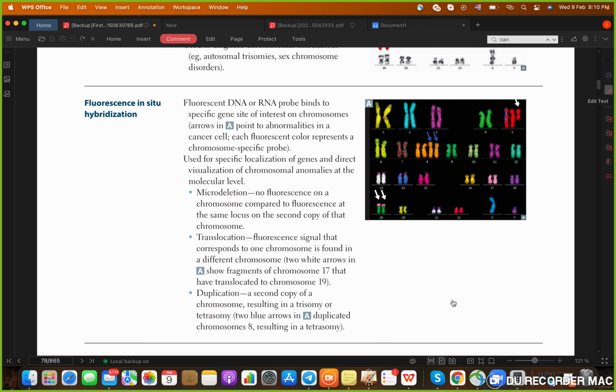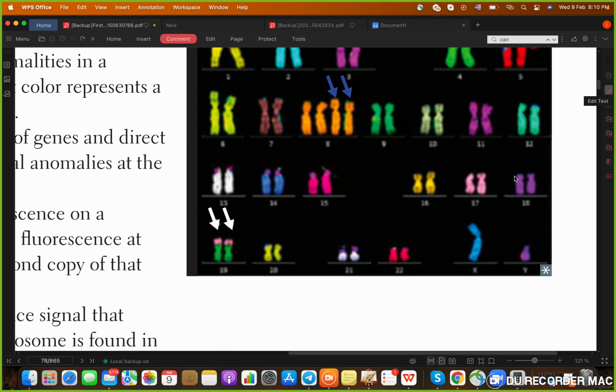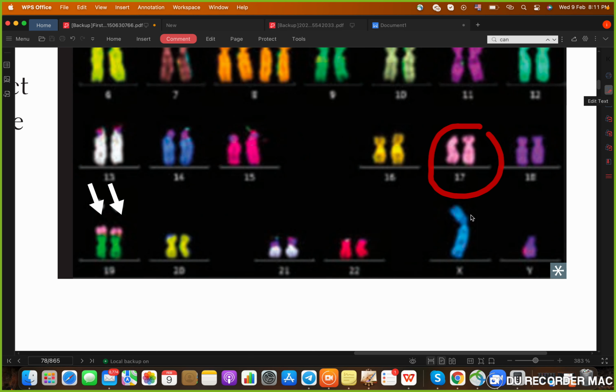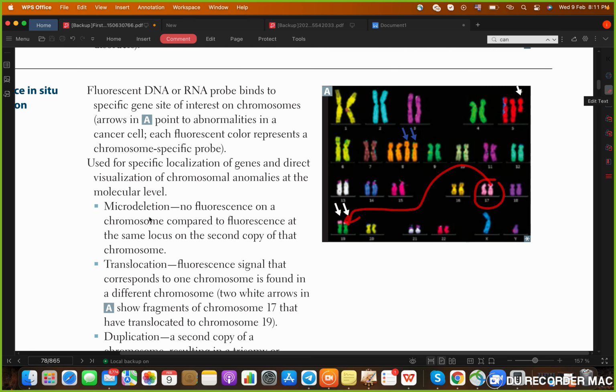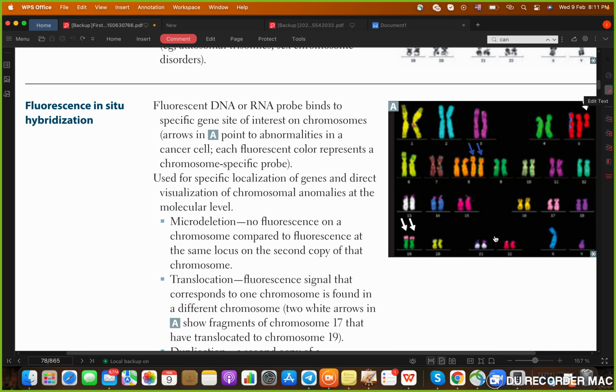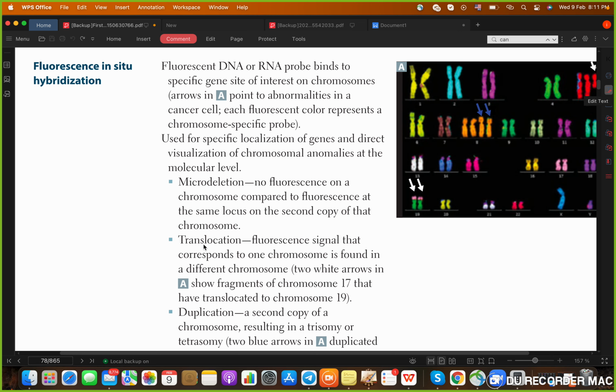While a translocation, which is the most easily seen one, for example, look, 17 is pink, 19 is green. But wait a second, why is there something pink on it? Because there was a translocation, okay? So a genomic translocation between chromosome 17 and 19 has occurred.